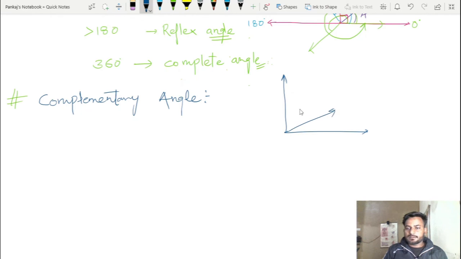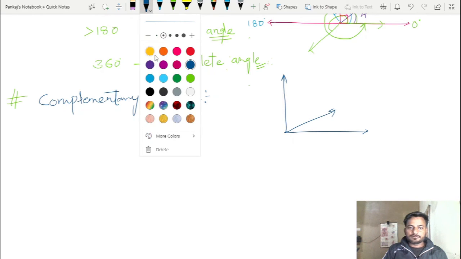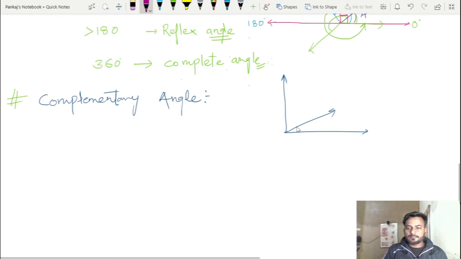For example here, this one and this one, that is A and B. The sum of A and B is equal to 90 degrees. So angle A and angle B are complementary to each other.